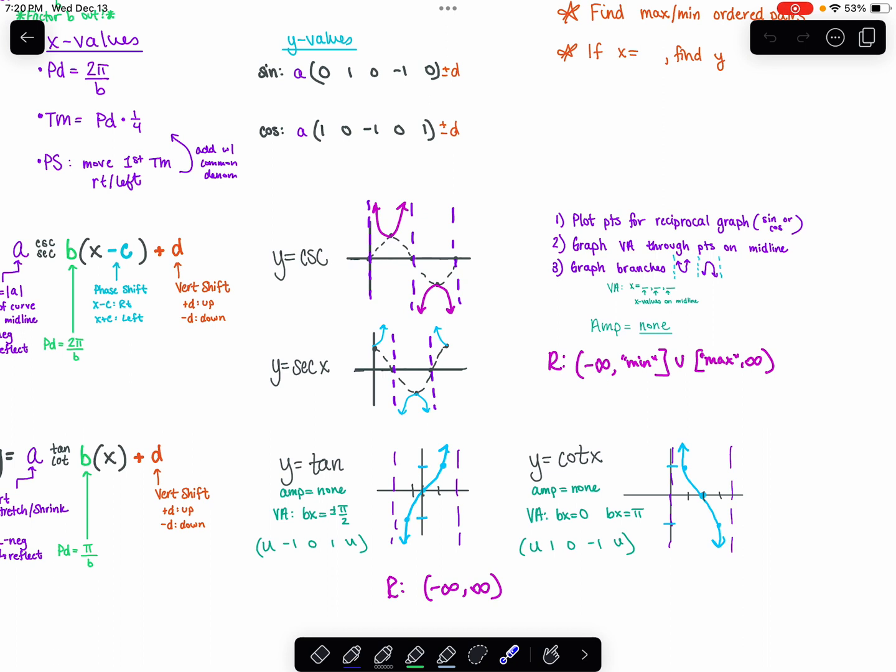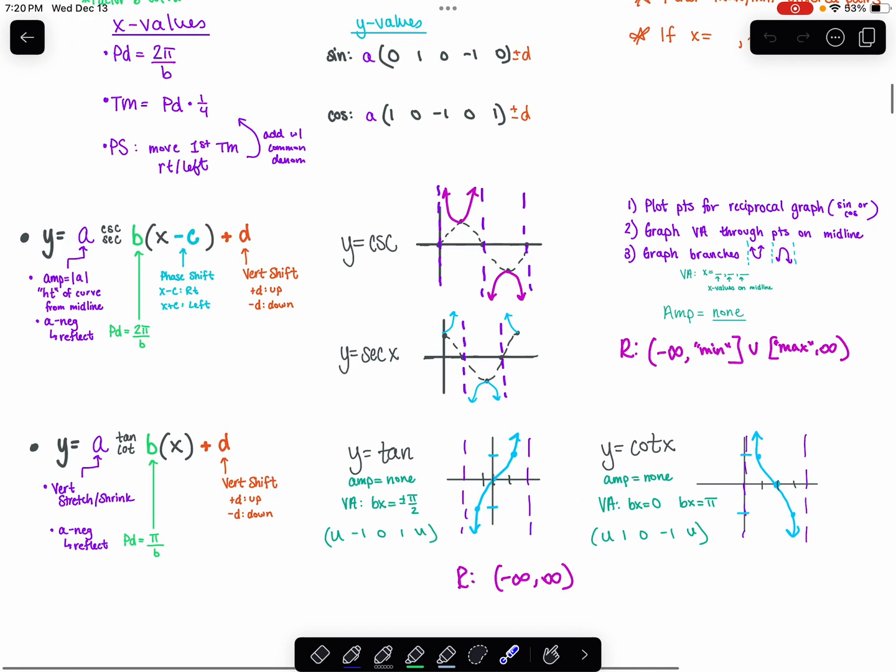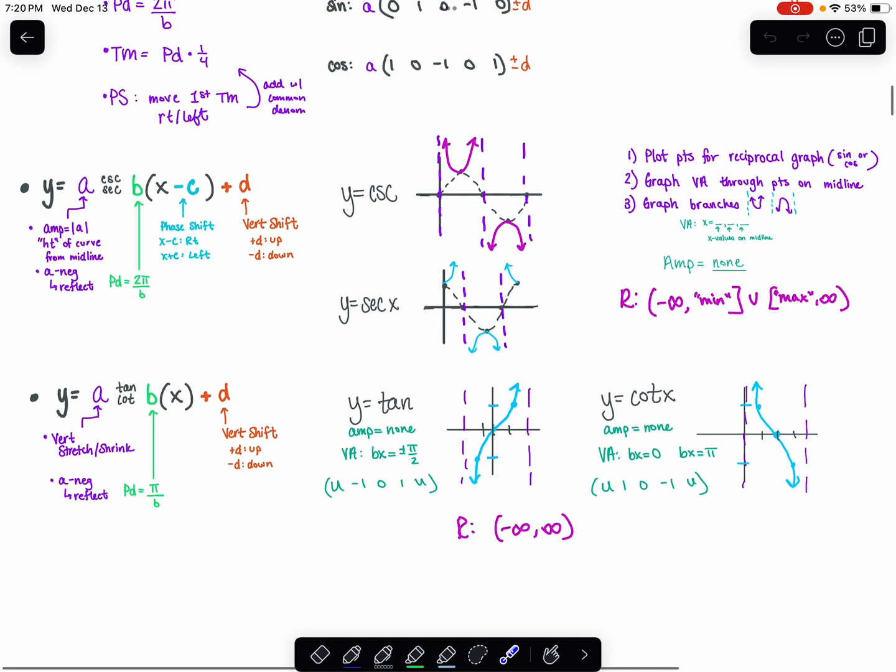Because we have those asymptotes, we have to skip this middle part. So our range is from negative infinity up to the minimum, and then we skip this whole middle part and jump to the maximum, and then we go up forever. But all of these same things affect our tick marks and our points and everything the same as if we were graphing sine and cosine.